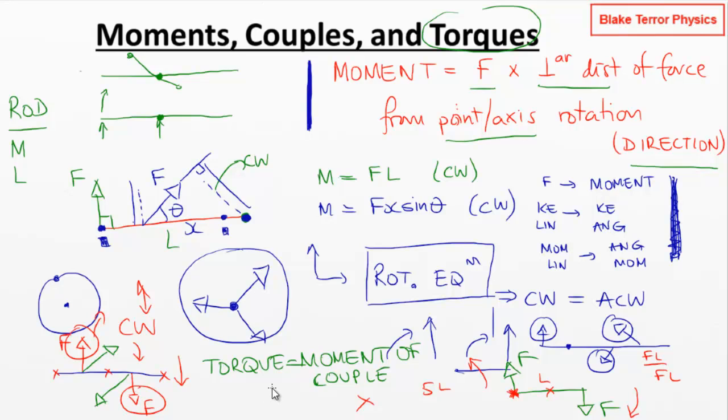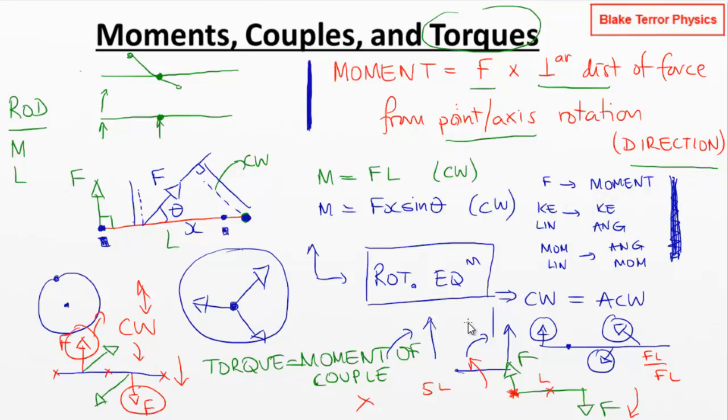So this is a good way of comparing the strength of a particular couple. You might see this in machinery and engines and things like that. It's useful in engineering because you can directly compare how much rotational effect is coming out of a particular machine by saying, what's the torque of the machine? It doesn't matter about the specifics of where you put the axis of rotation.